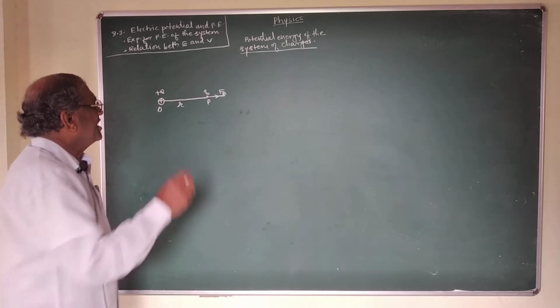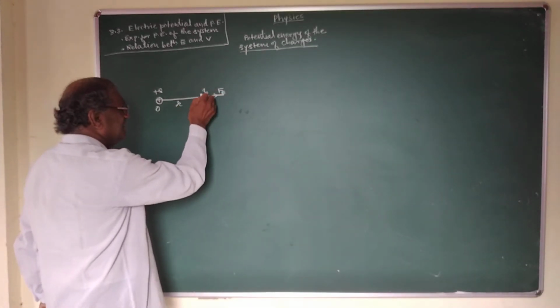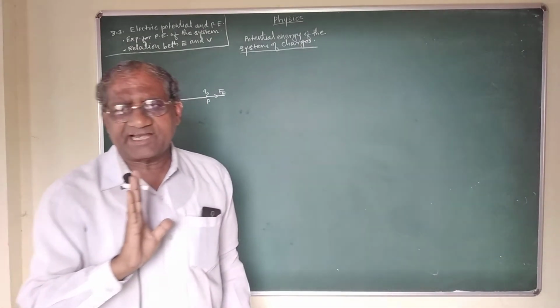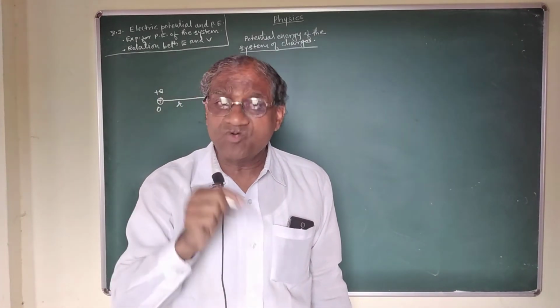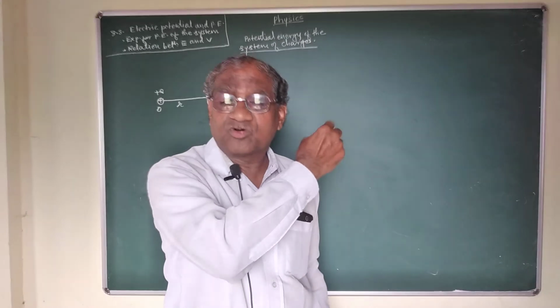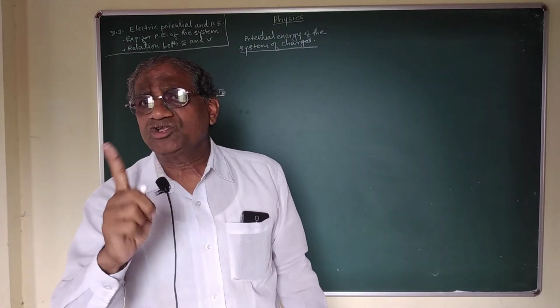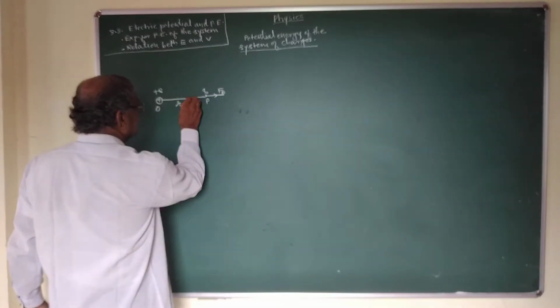It means that this Q0 charge placed at point P is not free from this electric field, because the Q0 charge at point P is bound to this force of repulsion. Now, in order to move the Q0 charge from point P to P dash through a very small distance dr.